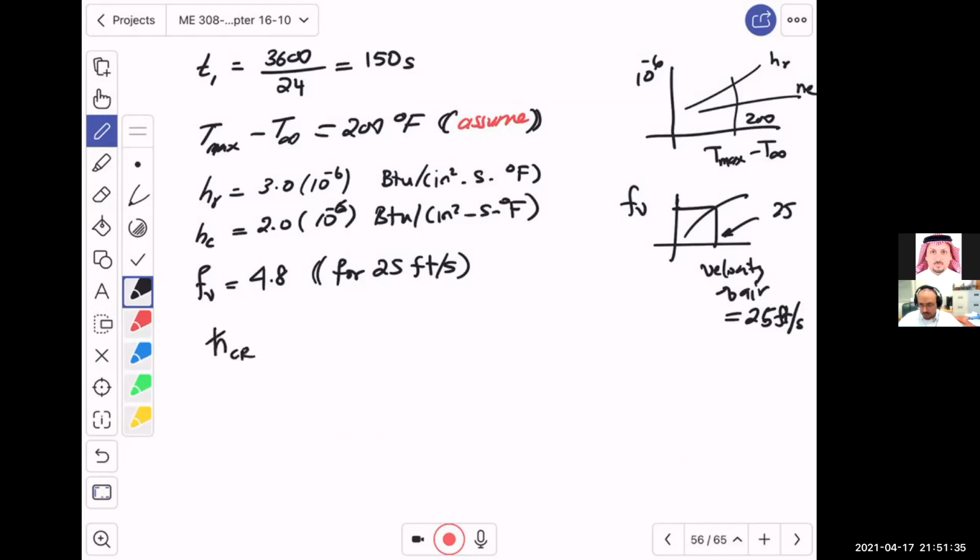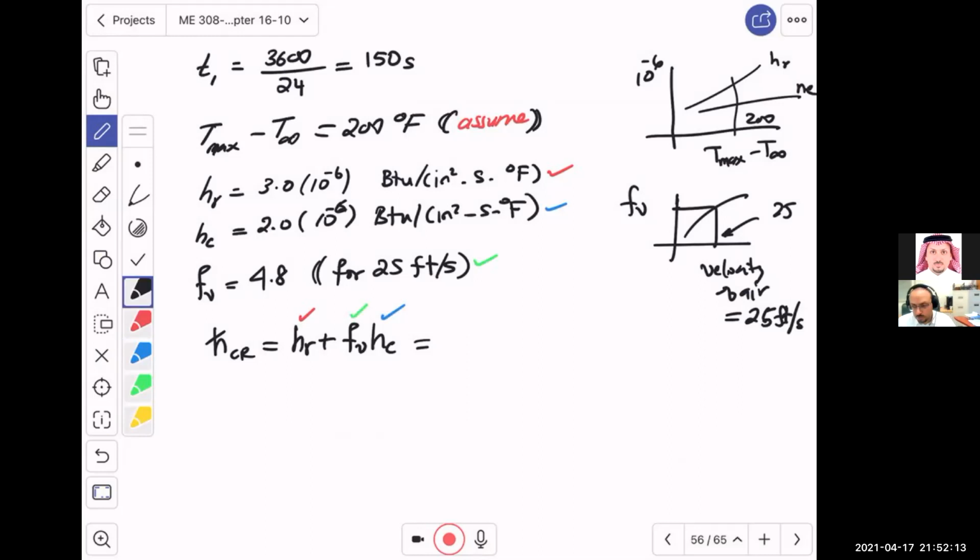HCR, which by the way, we said is basically equal to HR plus FV multiplied by HC. We know HC, and we know FV.